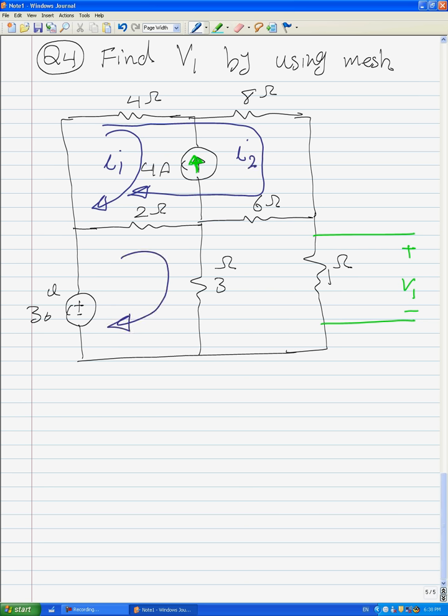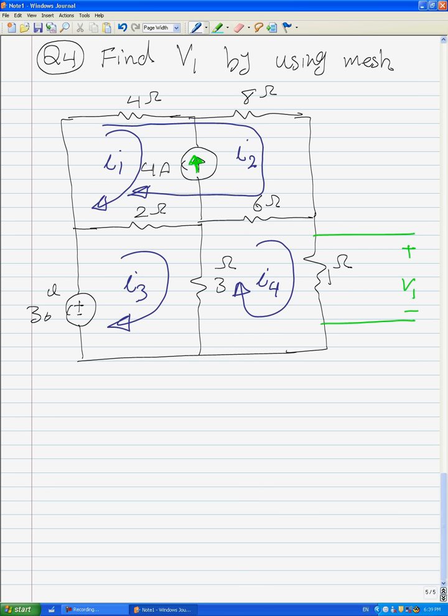For loop 3 we can consider I3, and for loop 4 we can consider I4. If we didn't have the 4 amps, we wouldn't need to consider a super mesh. But right now we have a current source in this circuit, and we want to solve it by the mesh method. That's why we should consider a super mesh.